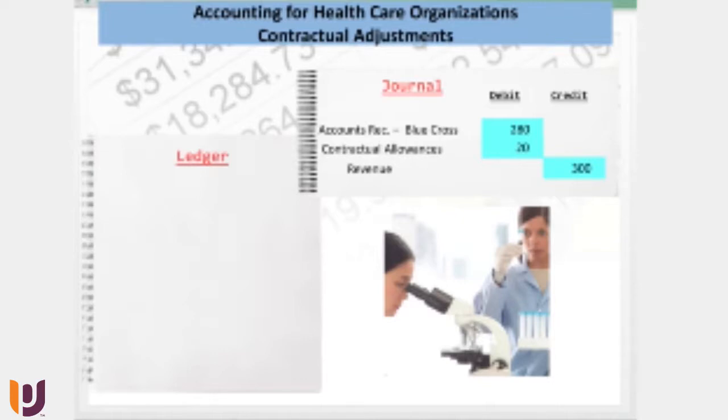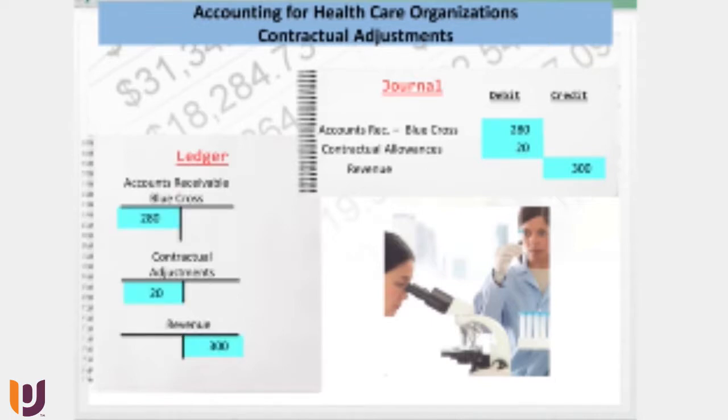The contractual adjustment account would be debited for $20. Blood test revenue is credited for $300. Amounts are posted to the ledger. The financial statement will show revenue net of $280.